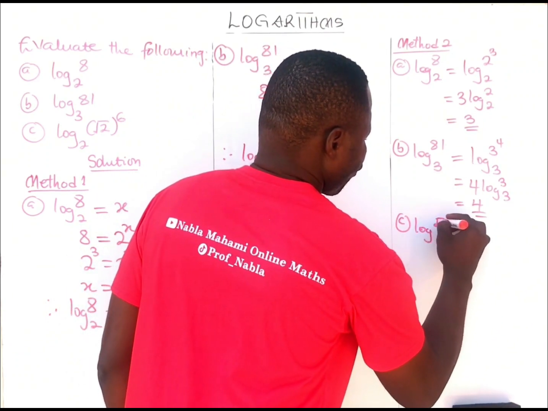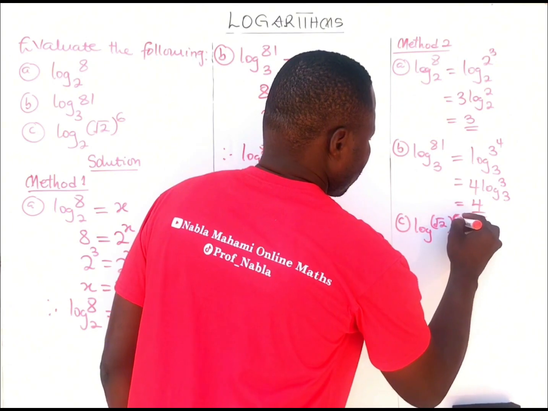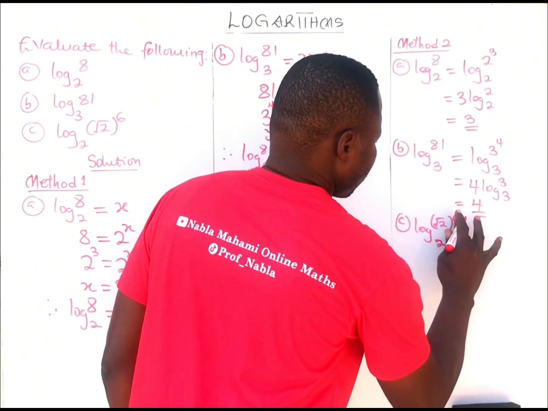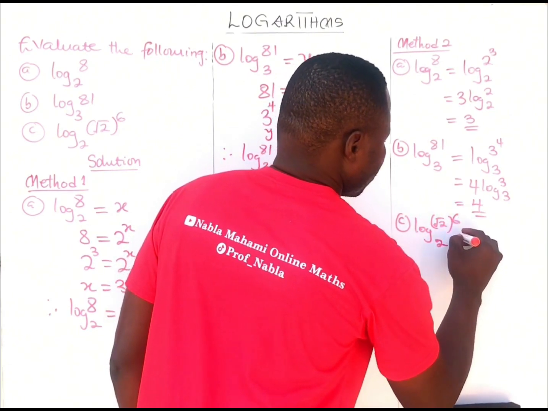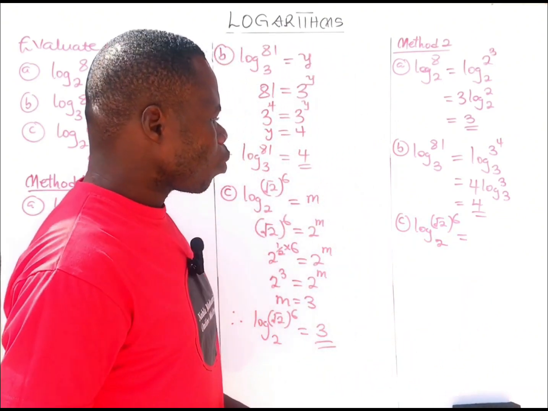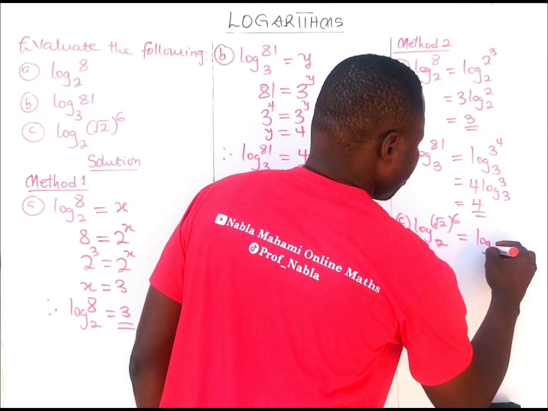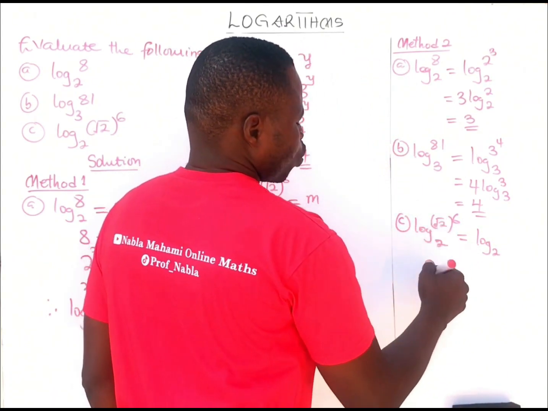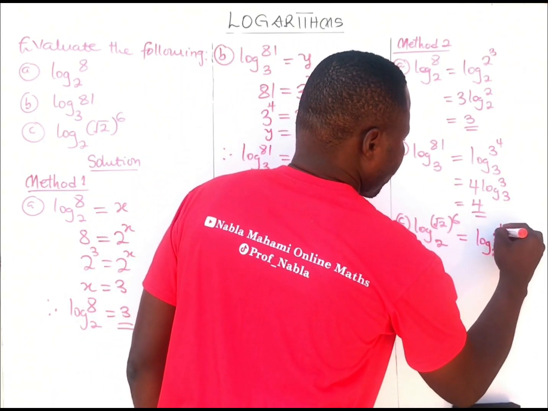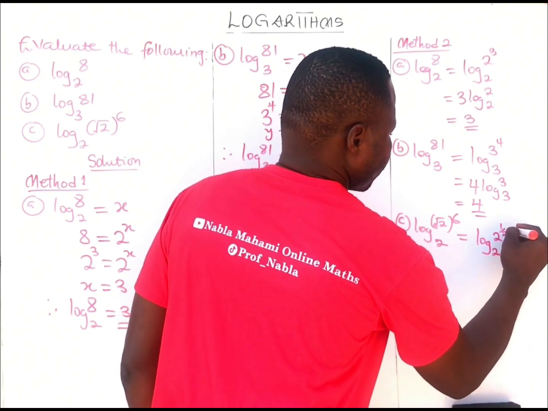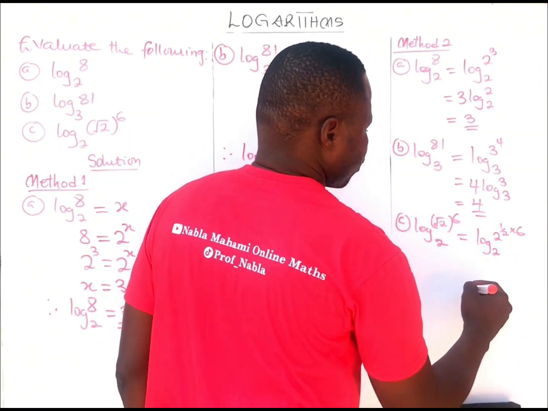Log square root of 2 exponent 6, and the base is 2. This should be equal to log base 2. Square root of 2 is the same thing as 2 exponent half times this power, which is 6.